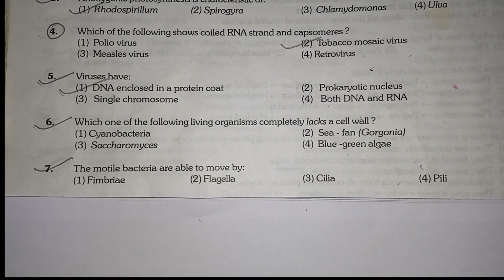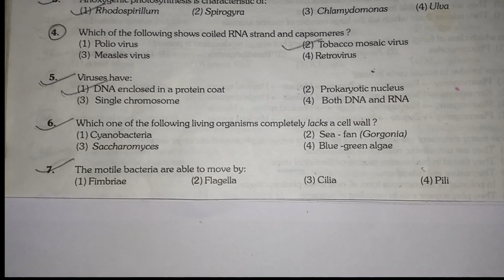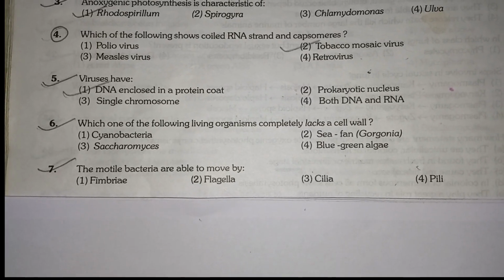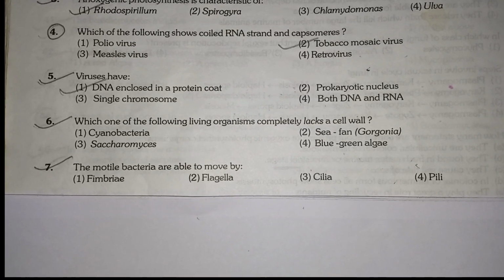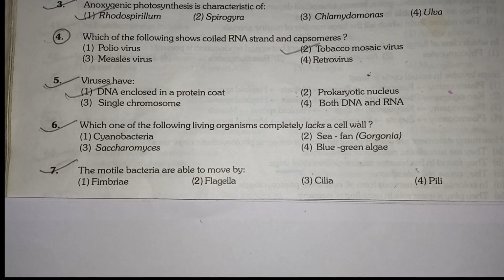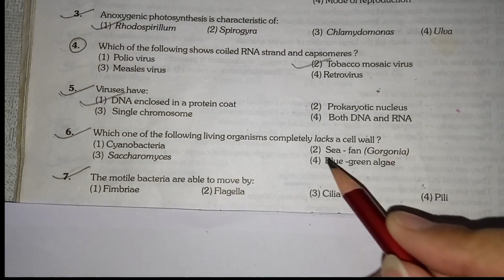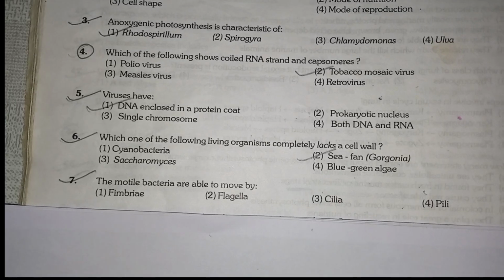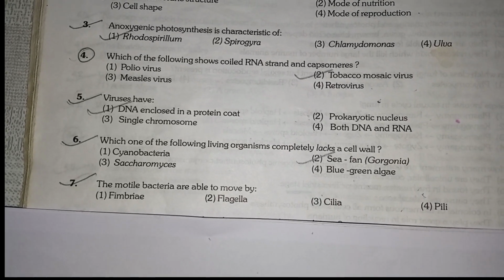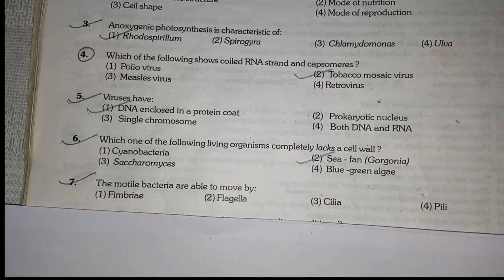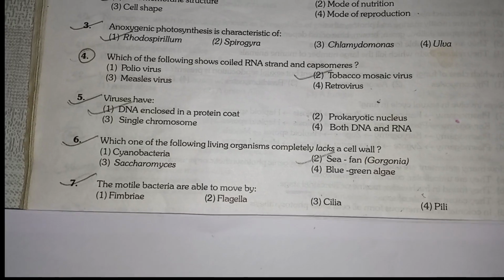Which one of the following living organism completely lacks a cell wall? Cyanobacteria, Saccharomyces, sea fan, Gorgonia, and blue-green algae. And the correct option is sea fan. 7th, the motile bacteria are able to move by fimbriae, flagella, cilia, and pili.